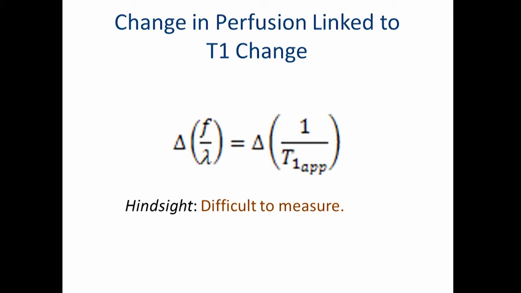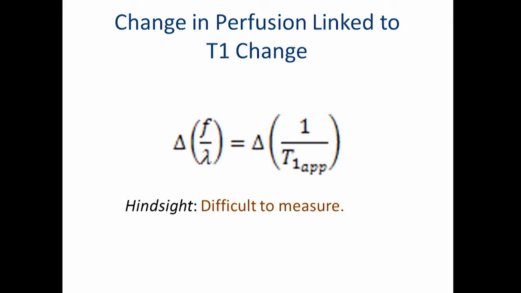Now, it's kind of interesting, because his method requires tagging for the ASL. At that time, I wasn't quite sure how to write a new sequence with a tagging. I wanted to use this method, but I wasn't quite ready to write a new sequence, because it wasn't a commercial sequence. So I thought of a shortcut. What if, instead of looking at baseline perfusion, I look at a change in perfusion?